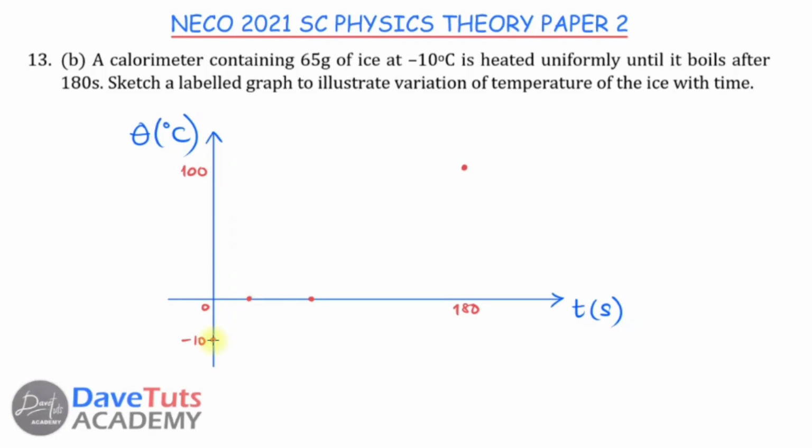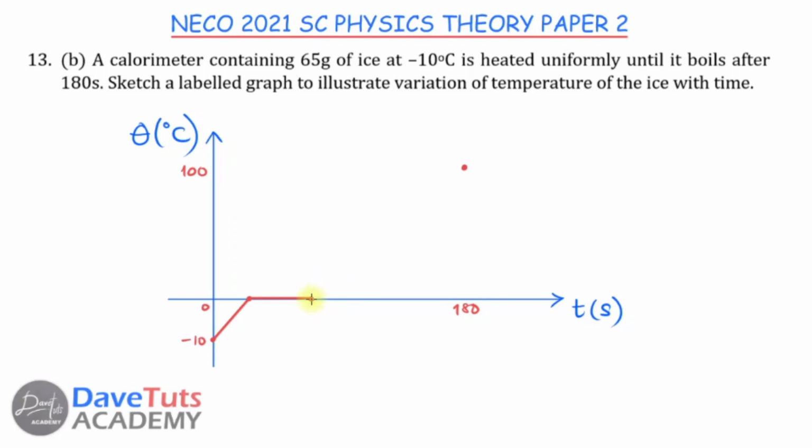Now from minus 10 degrees Celsius to 0 degrees Celsius, initially it was ice, but now it's being converted, it is melting, okay? And now when it gets to 0 degrees Celsius, at that constant temperature, some time is going to elapse in which that particular ice is going to be liquefied.